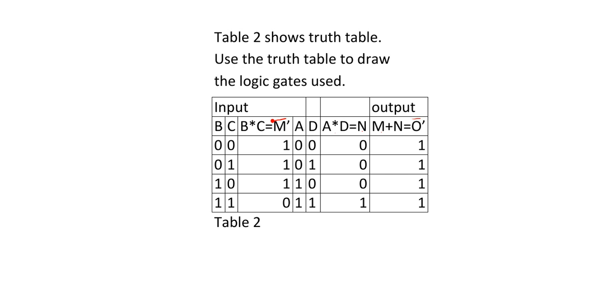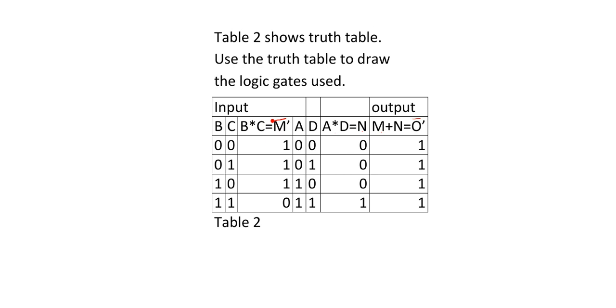We can use the apostrophe for a complement. Now, to approach this question, you have to go step by step. For example, here we are seeing that we have B and C, and they are being multiplied. We have some logical multiplication and we get a not M. Meaning, for example, in binary, we know 0 and 0 we get a 0.